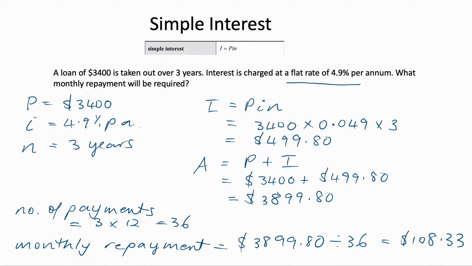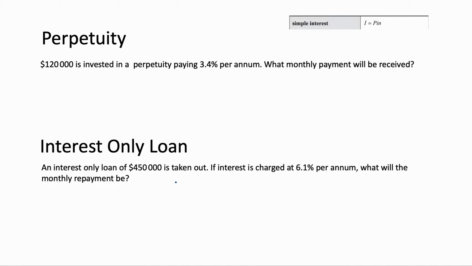Okay, now another situation where we can use the simple interest formula is when we're looking at a perpetuity or an interest-only loan. So these are very similar things, it's just that one is an investment and one is a loan. The key thing that they have in common, though, is that the payment is equal to the interest.